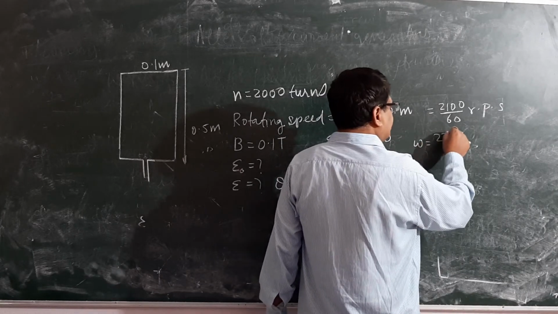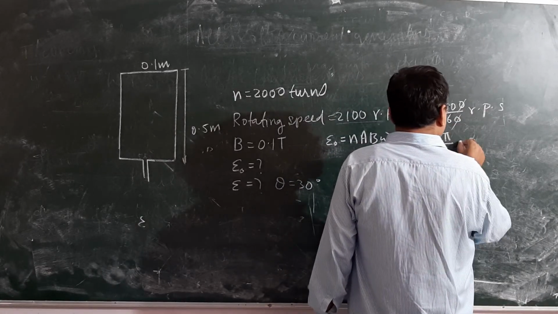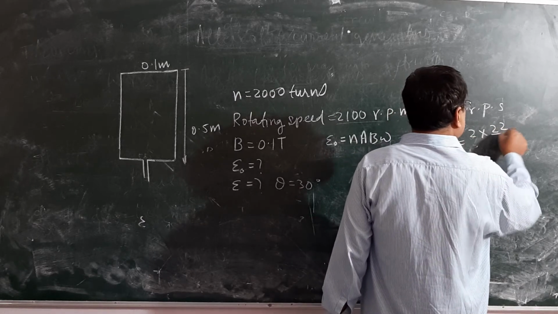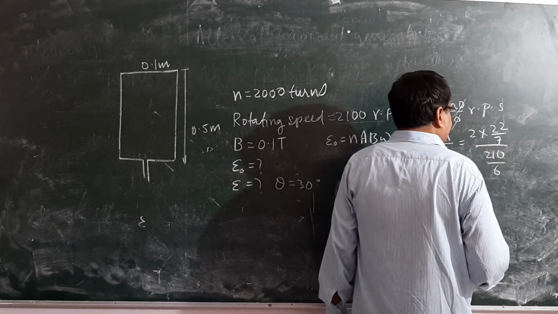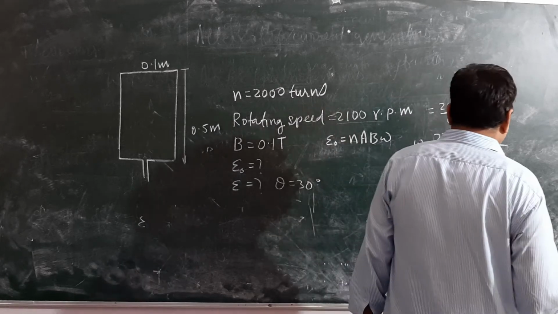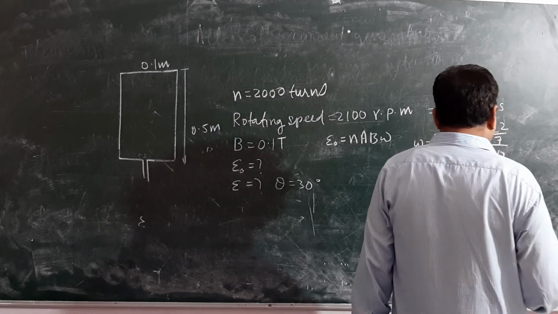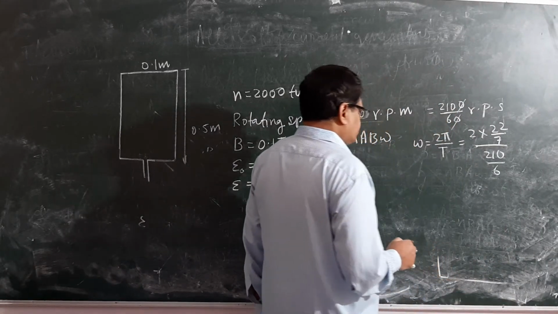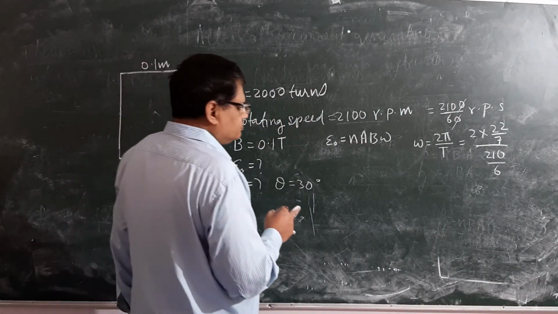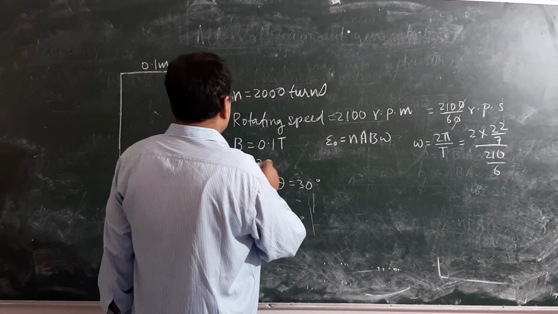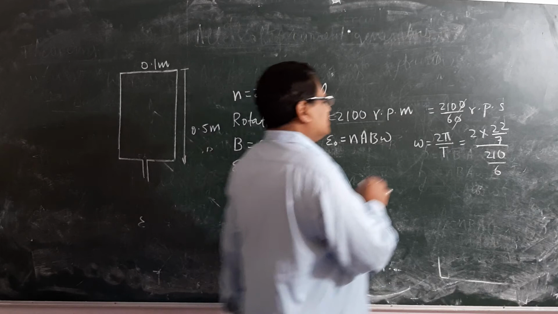Omega is equal to 2 pi by t. I'm sorry, this is the frequency.